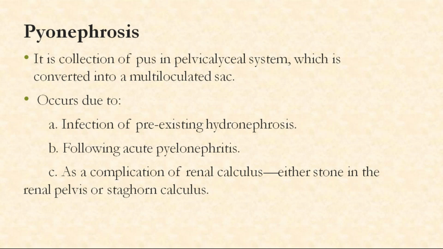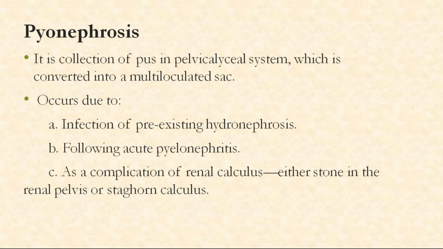What are the causes for the development of pyonephrosis? One is infection. Pre-existing hydronephrosis can get infected and produce pyonephrosis, or any acute pyelonephritis. Any acute inflammation of the kidney may sometimes produce a collection of pus in the renal parenchyma. The third one is a complication of renal calculus, either in the renal pelvis or a staghorn calculus.